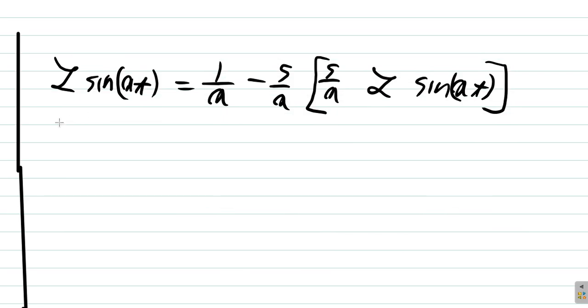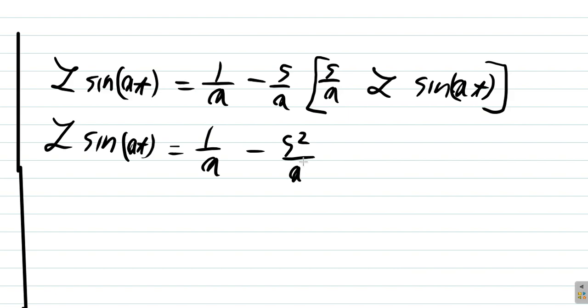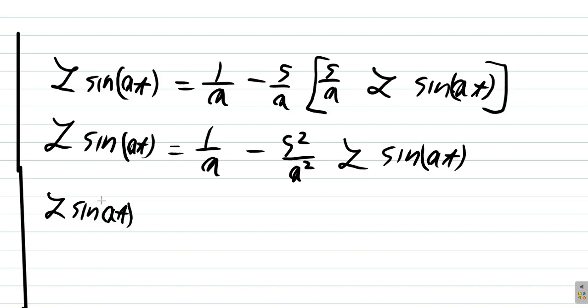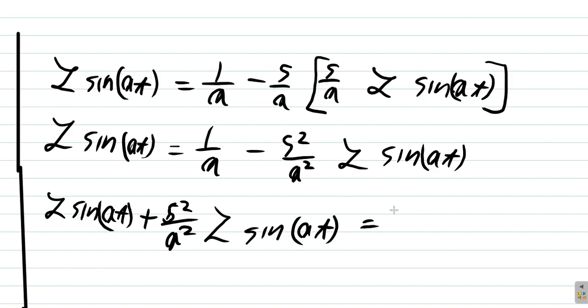Now, the Laplace transform of sine at equals 1 over a minus, let's multiply out, s squared over a squared times the Laplace transform of sine at. Now, if we add s squared over a squared to both sides, we have the Laplace transform of sine at plus s squared over a squared times the Laplace transform of sine at equals 1 over a.